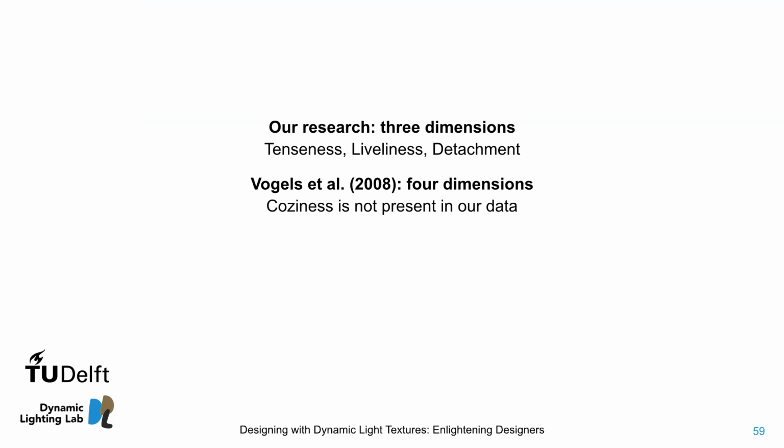The dimension that's missing in our construct is coziness, and that's actually quite logical, because atmospheres created by dynamic light textures are not really rated on their coziness. They're more rated on their interestingness and captivatingness.